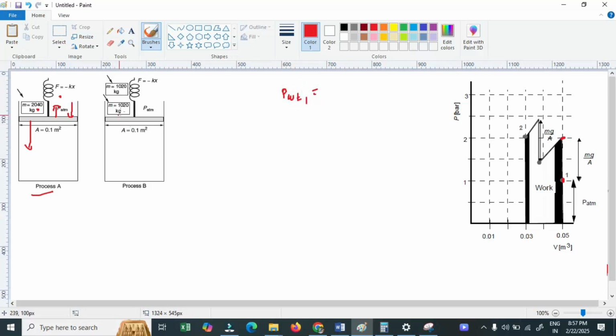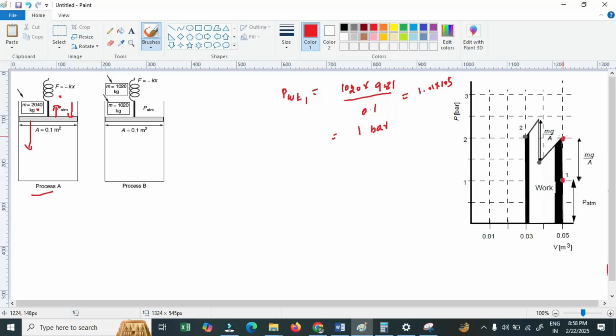The moment I place the first weight, the pressure suddenly increases. That is nothing but 1020 multiplied by G 9.81 divided by 0.1, we get approximately 1 bar. It will be 1 point something 0 1 into 10 power 5, that is nothing but 1 bar. So it moves from here to here. So I am just locating here.